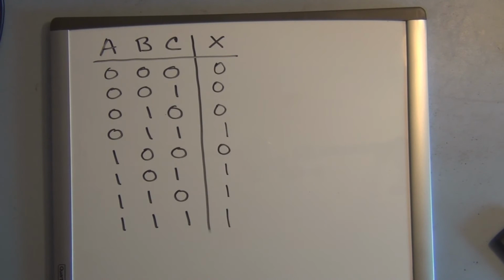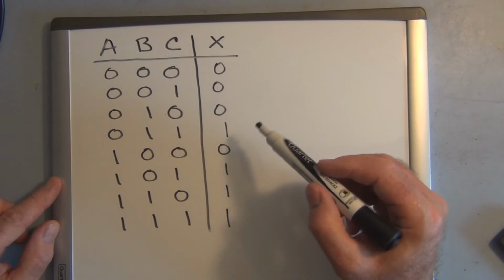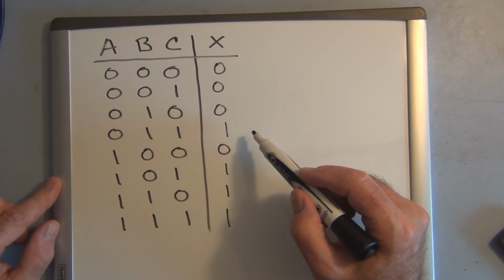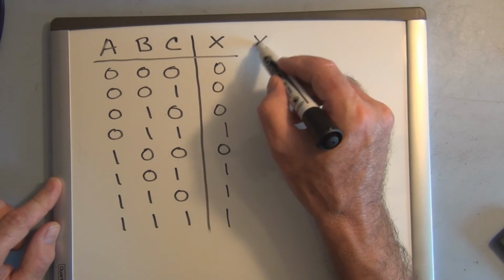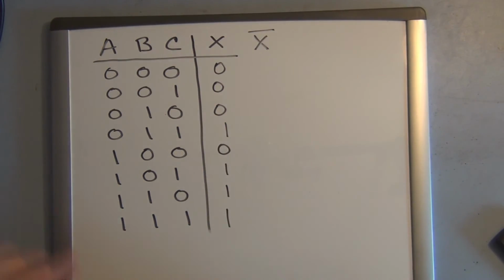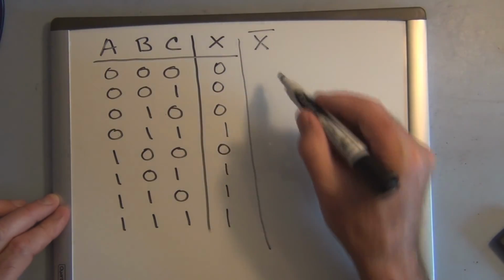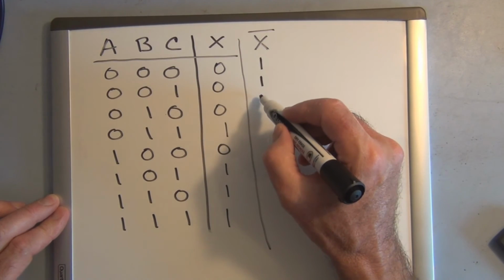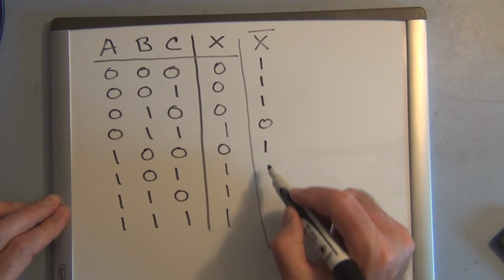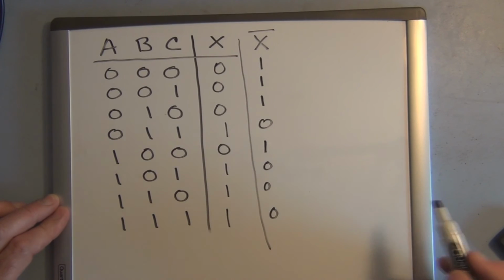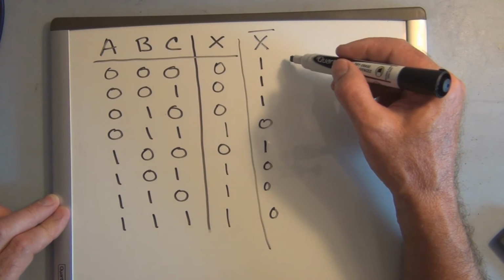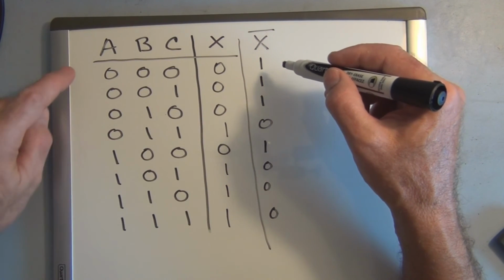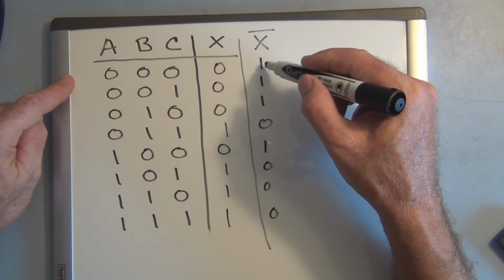We're just going to use the same circuit requirement, which is that we want to produce a high output when a majority of the inputs is high, except now instead of showing the AND terms for X, we're going to produce an AND term for each case for the opposite, X naught. So here would be X naught, the reverse of X, and we're going to create an AND term for each case where X naught is 1.